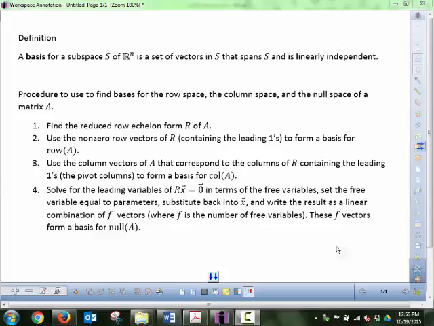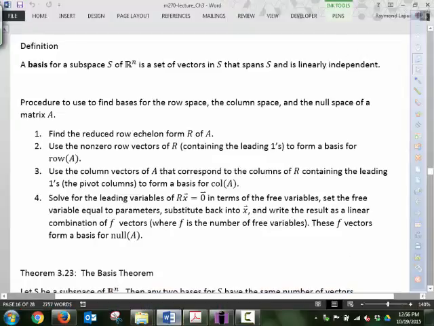So this stuff probably doesn't make sense looking at all these words, so I think it might be better if we do an example and see how we can relate that to an actual problem. I don't know if we did one last time. Well, let me see if I can find a problem to do.